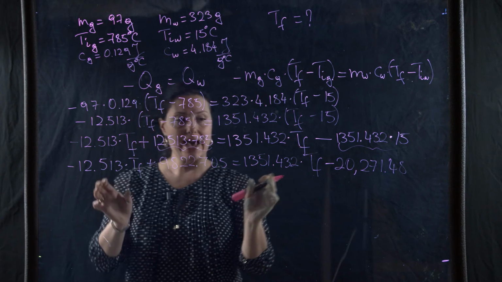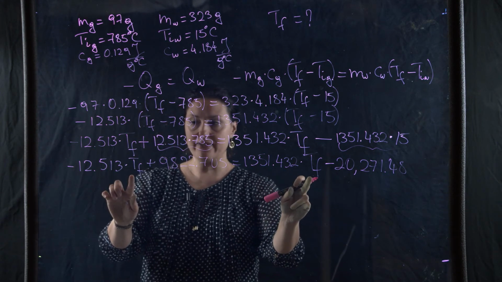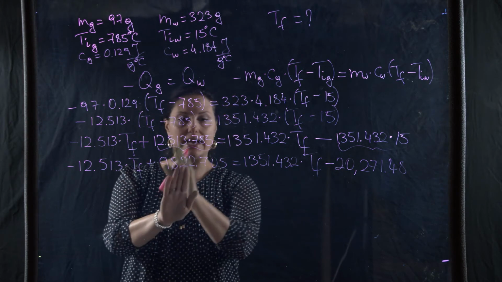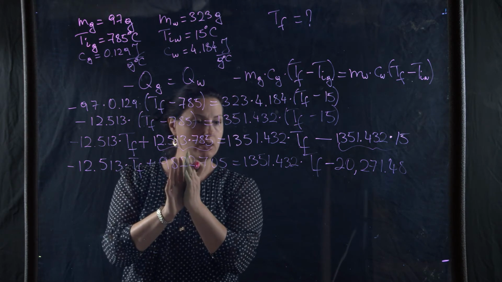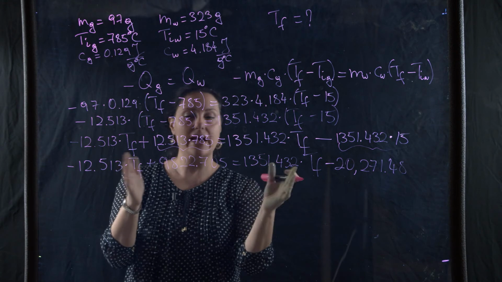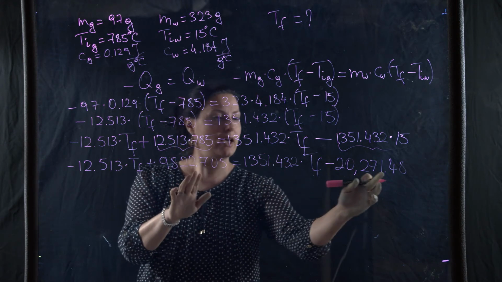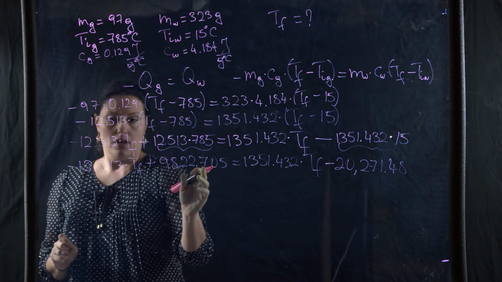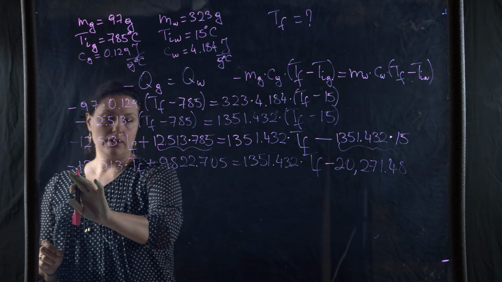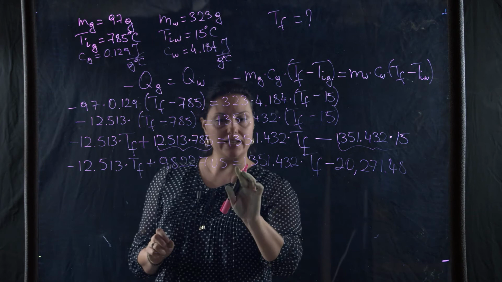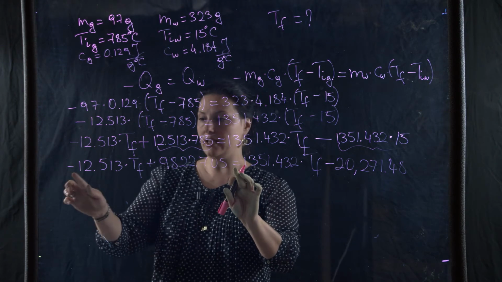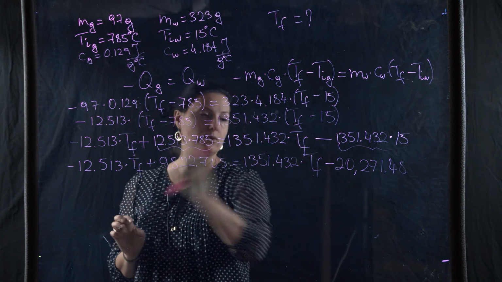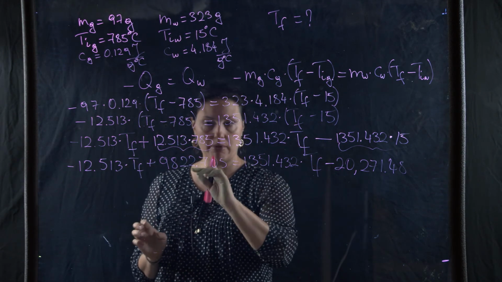Okay, now I have two numbers that have TF and two numbers that don't have TF, so I can add those numbers together and those numbers that don't have T final. Now if I take this number and cross it to the other side of my equal sign, this will become positive. If I take this number and cross it over the equal sign, this negative will become a positive.